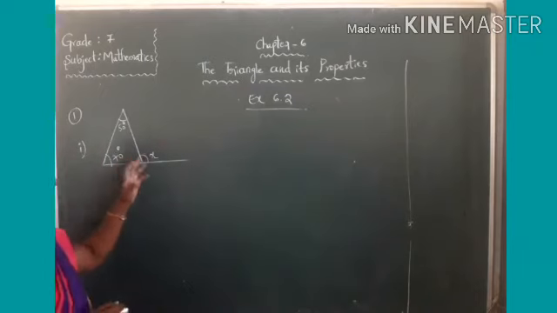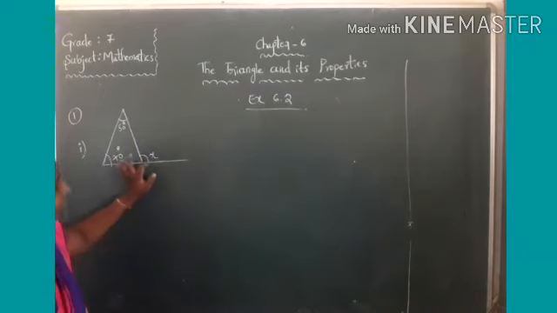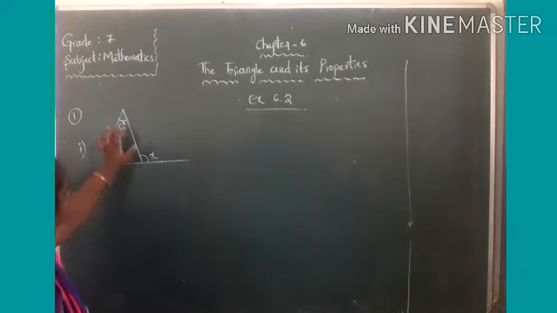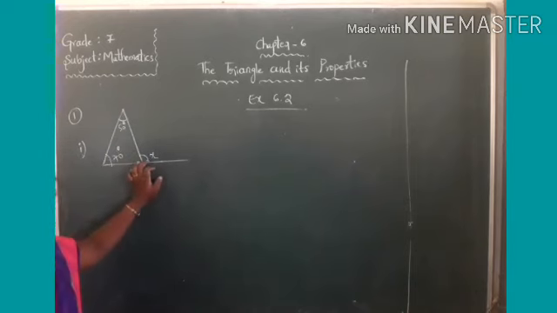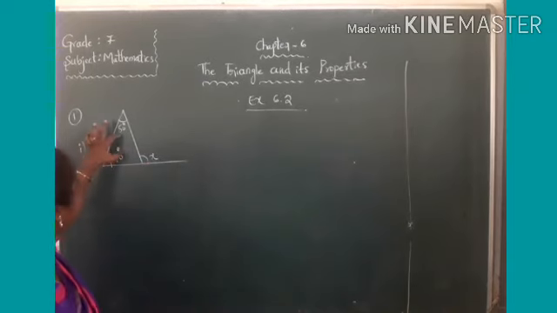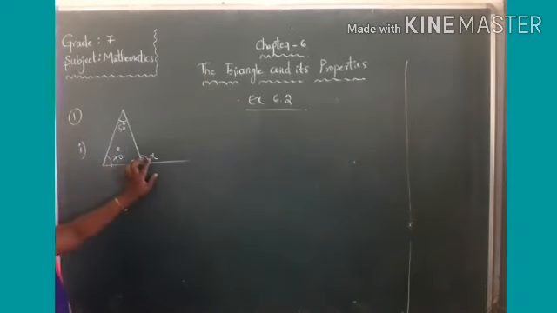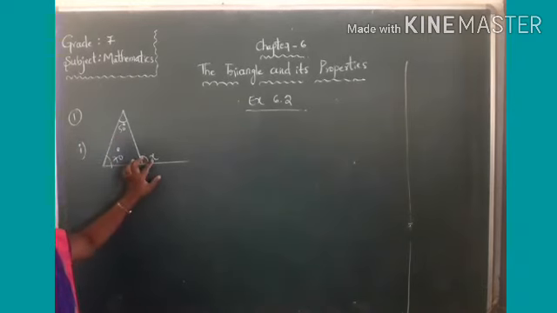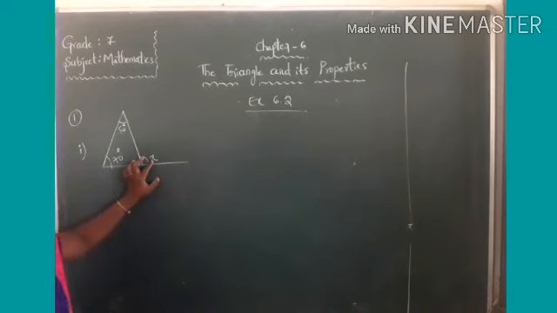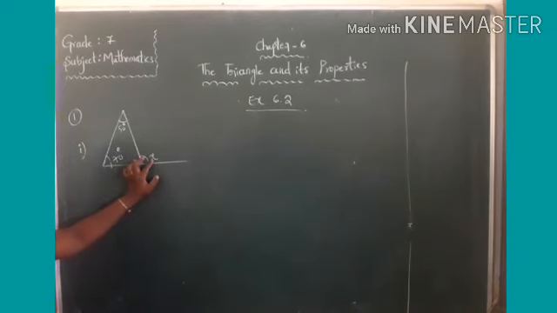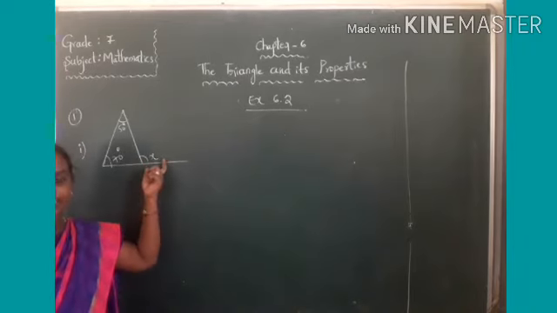Find the value of the unknown angle. So assume here the unknown angle is an exterior angle. That means here he has given two interior angles, but he didn't give the exterior angle, so we have to find the exterior angle.